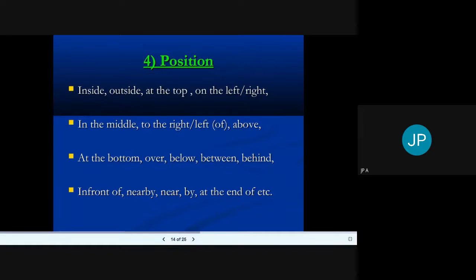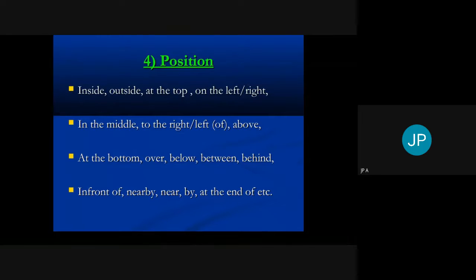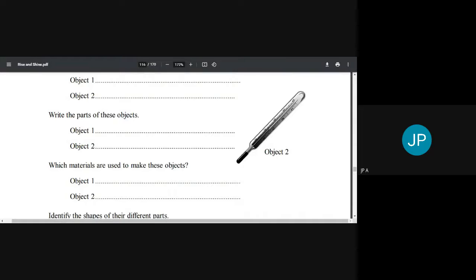Okay, the next characteristic is the position. Where is it placed? For example, if you are using this object to measure the temperature, it is usually placed behind your arm or beneath your tongue, etc., to measure the temperature.